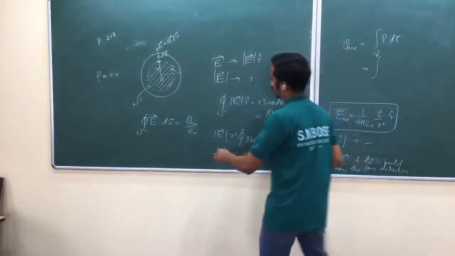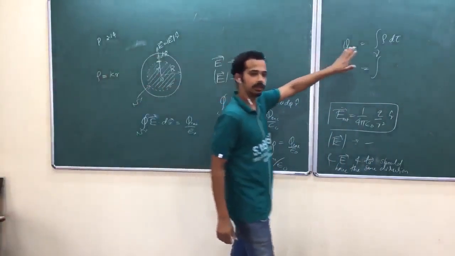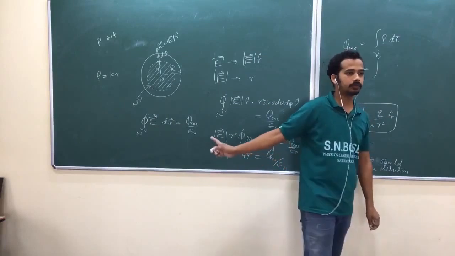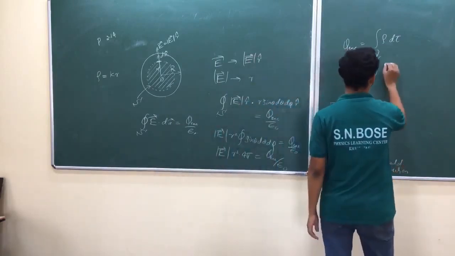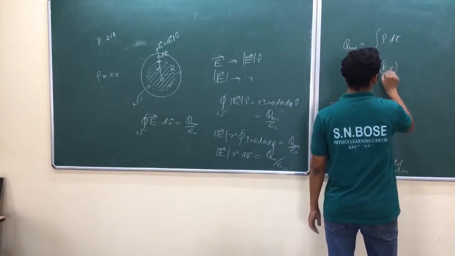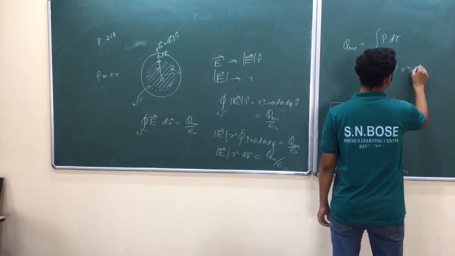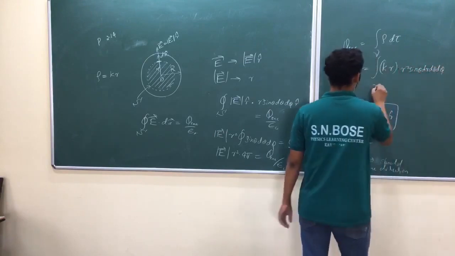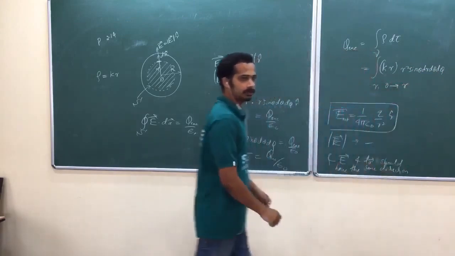So rho, this scalar, whatever it is, is written in terms of R. Don't do that in Cartesian coordinates again. You have to go for spherical polar coordinates. Rho equal to K into R. What is d tau in spherical polar coordinates? R squared sin theta dr d theta d phi. Your R should run from 0 to small r.